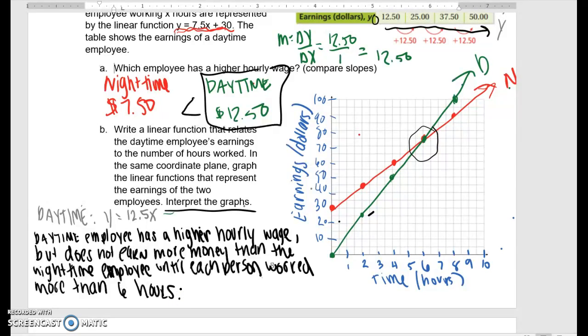Which makes sense because the daytime employee, the slope is higher, which means it has a higher hourly wage, but you don't earn more money until after the 6-hour mark, which is where they intersect.